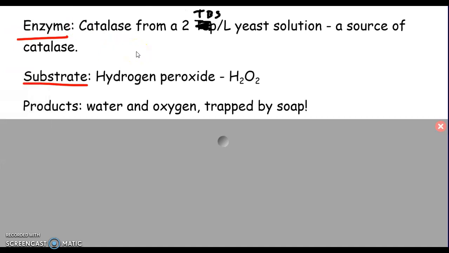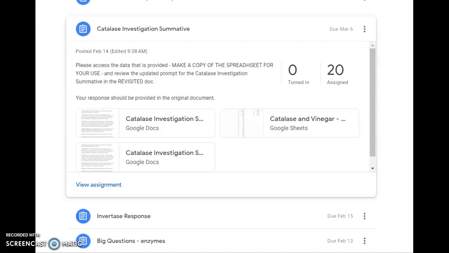And let me show you the resources that are available on the Google Classroom. Okay, so on the Google Classroom, there are 3 documents in this Catalase investigation summative, all right? One of them is the summative. One of them is a spreadsheet that is all of the students' data from all sections. I'll show you that in a second.